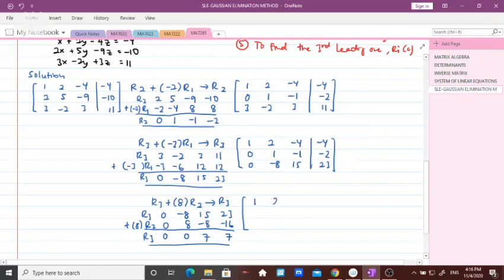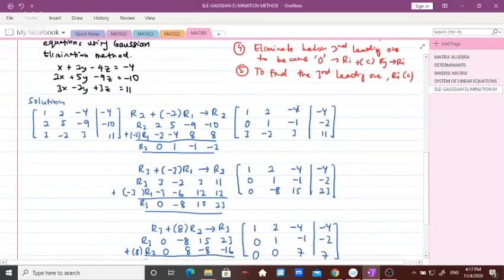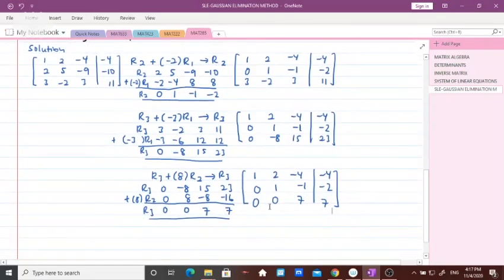Okay, then we copy the value with new R3. So we have finished to eliminate below second leading one, and then the final step is to find the third leading one. So to find the third leading one, just multiply R3 with 1/7.